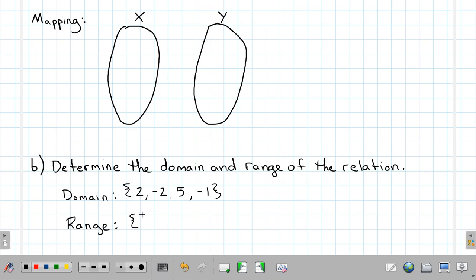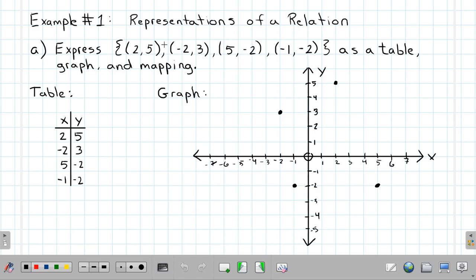The range is going to be 5, 3, -2, and another -2. Once again, I'm just pulling this from the ordered pairs up here, or the table, or the graph. 2, -2, 5, -1, 5, 3, -2, -2.